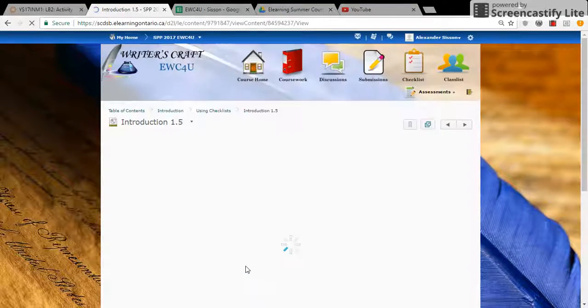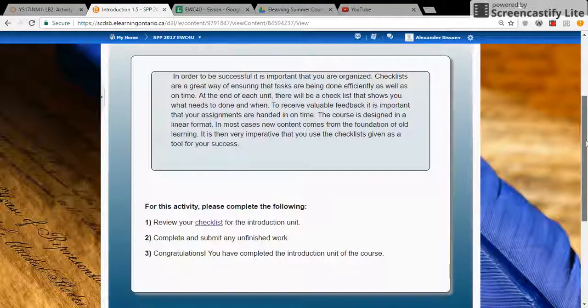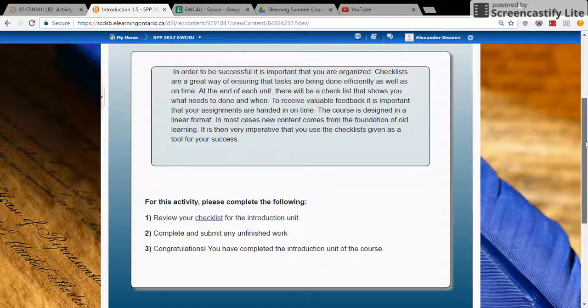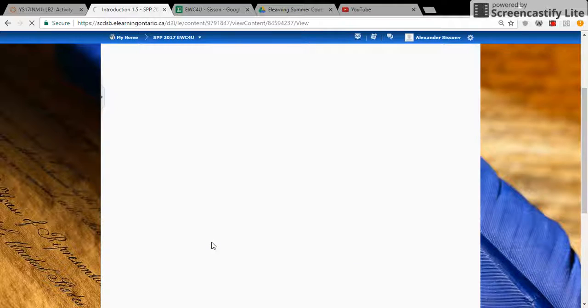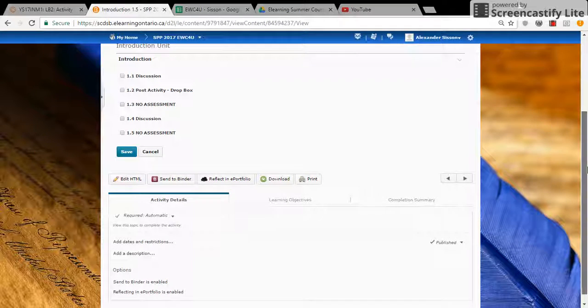This is your friend. You have busy lives, you have jobs, you have stuff going on. Keeping track of your work is essential, and this is just a tool that helps you keep track of any assignments that you need to submit or anything you need to read.